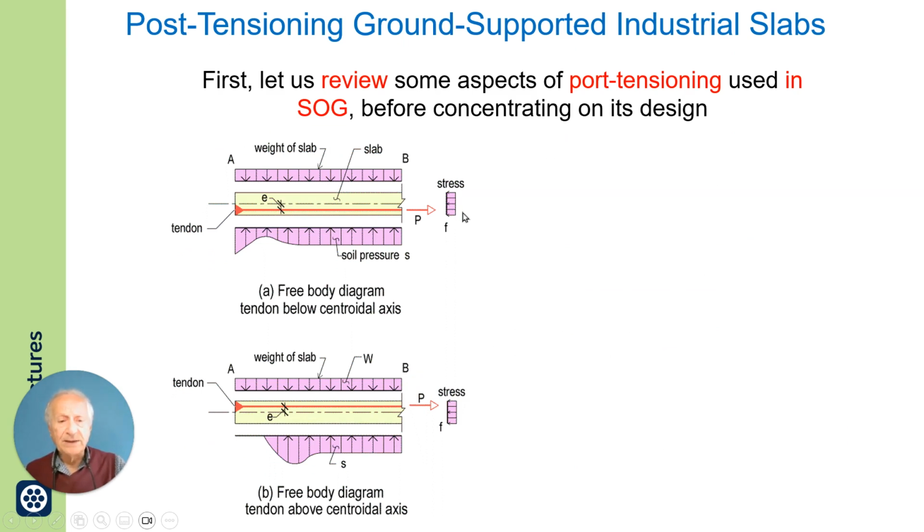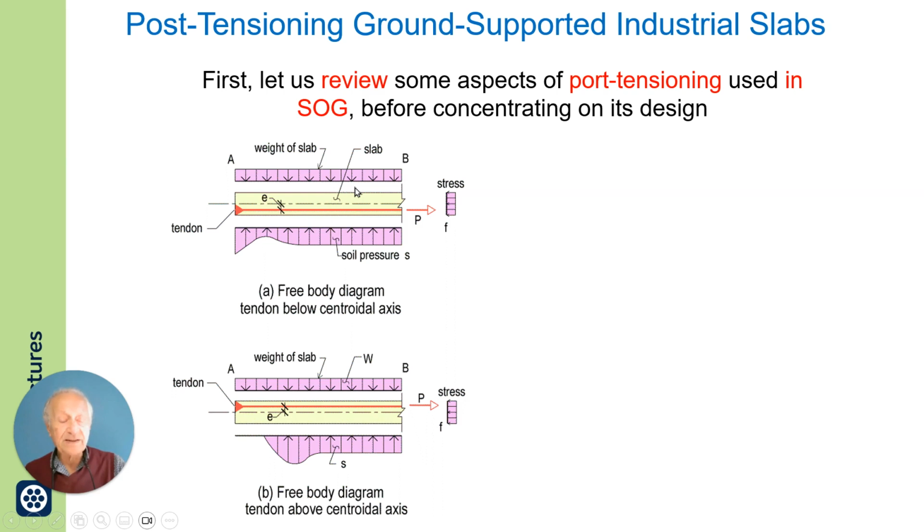Now, a comment on the pre-compression. And the comment is that in your design, assume that the pre-compression is uniform as shown here on the slab. Uniform here, irrespective of whether the tendon, for any reason, by installation, by mistake or whatever, is below the neutral axis or above the neutral axis.